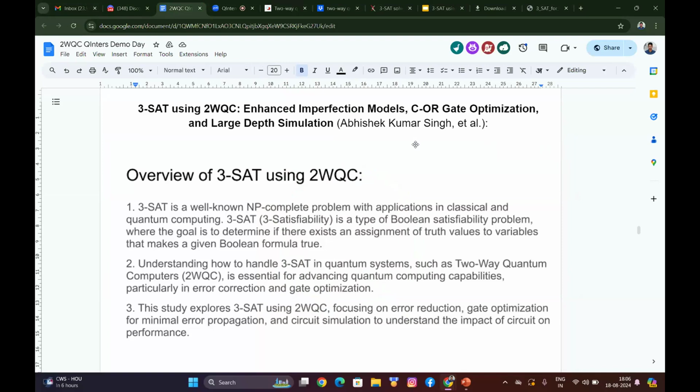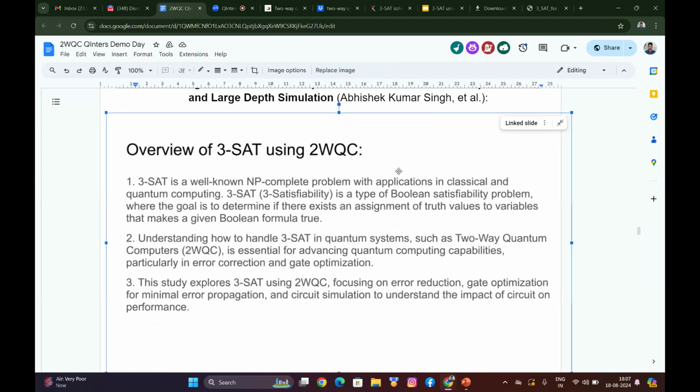So my topic is SAT using a two-way quantum computer: enhanced imperfection models, QR gate optimization, and depth simulation. SAT is a type of Boolean satisfiability problem where the goal is to determine if there is an assignment of two values to variables that makes a Boolean formula true. There are many applications of this problem in classical and quantum computing.